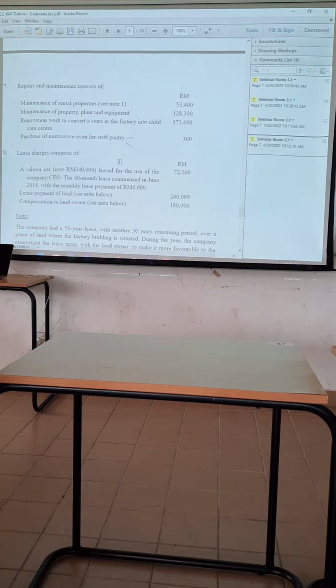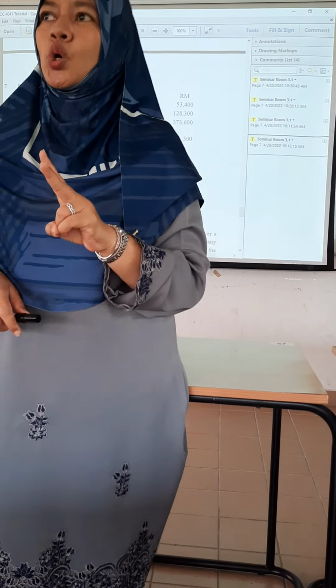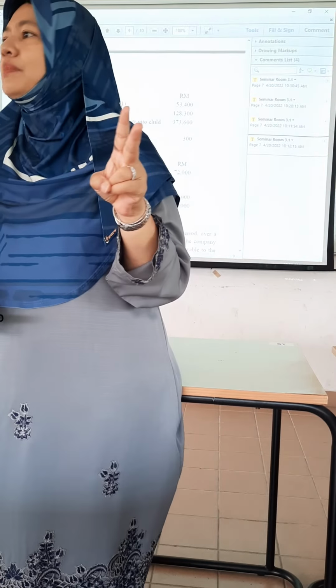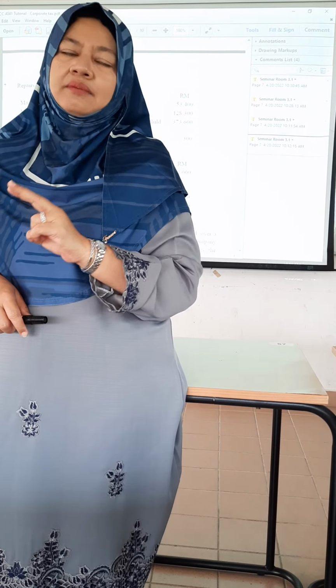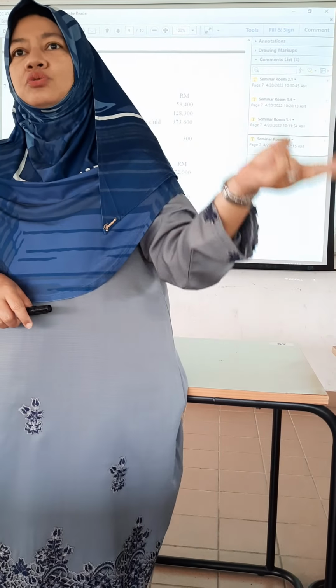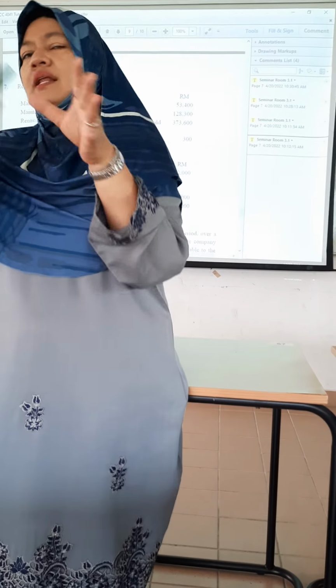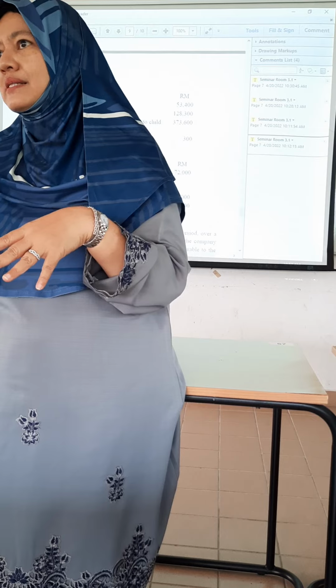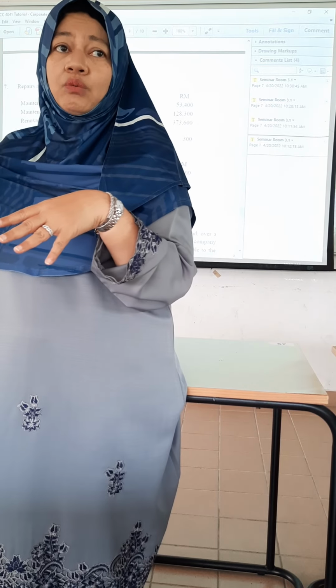One is that it's a small value asset, where the cost is below, is it 2,000 now? Anything below 2,000, you claim that as a revenue expenditure. And most of the time, this small value asset can last for more than 2 years, so it should be a fixed asset. But because the value is small, we claim everything as a deductible expense. So that's why it's allowable.